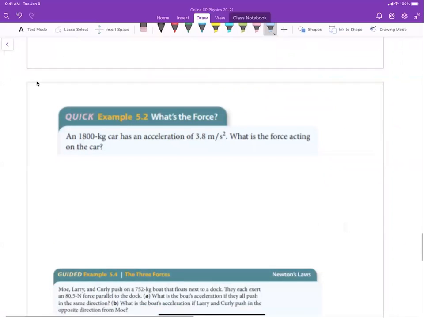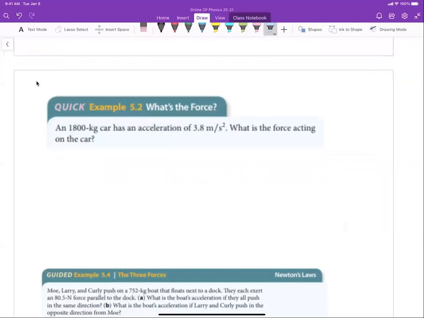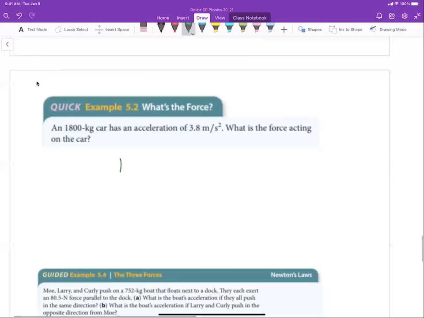All right, let's do a quick problem. We have an 1,800 kilogram car that has an acceleration of 3.8 meters per second squared. So we have a car. We know the mass is equal to 1,800 kilograms. And I know acceleration is 3.8 meters per second squared. What is the force? So we're asking for the force that is acting on the car. So we know that the sum of all the forces is equal to mass times acceleration. How many forces are we asking about? We're asking about one, or the net force.